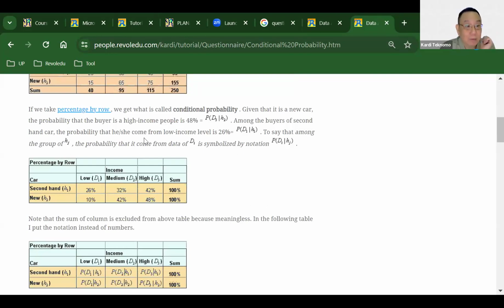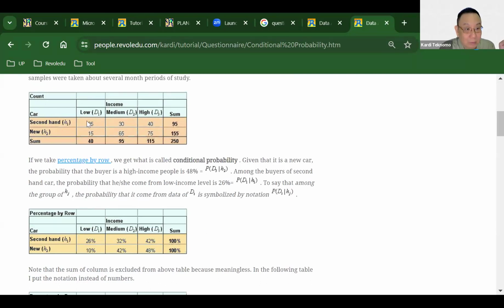When we put percentage by row, 25 divided by 95, you get 26%. 30 divided by 95, you get 32% here. So when you take this number and divide by the sum on each row, this is called percentage by row.